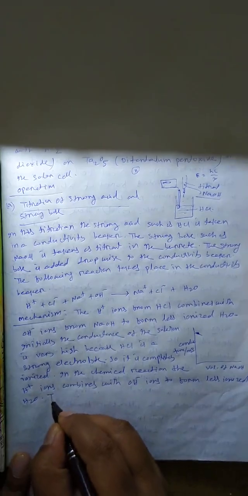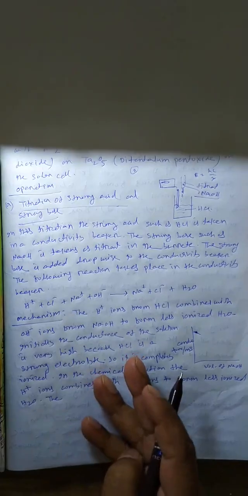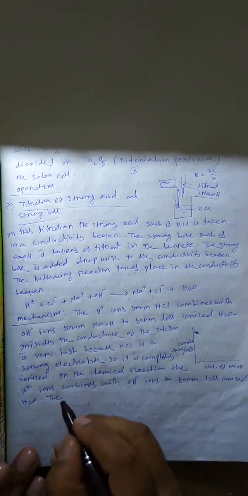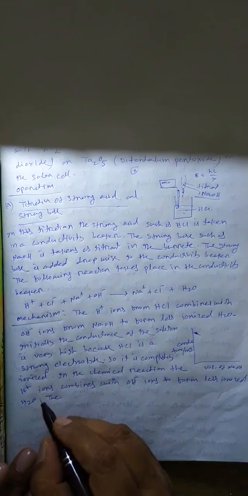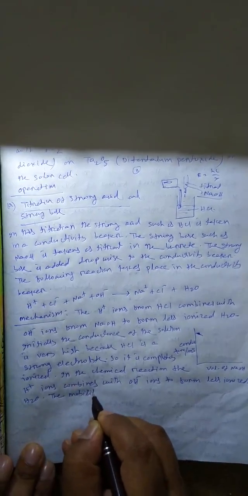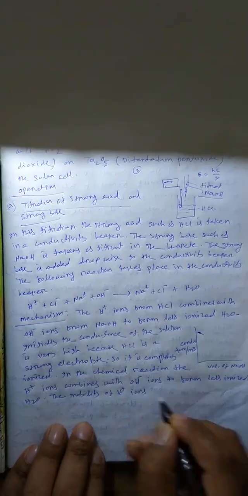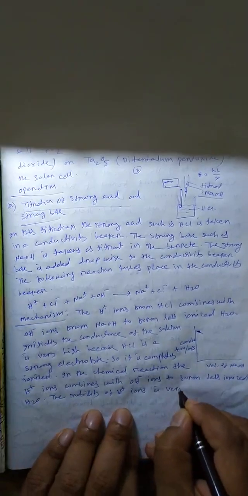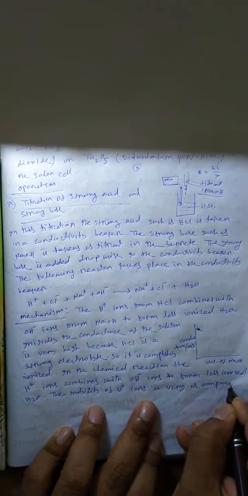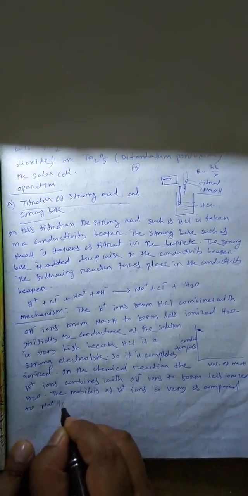The conductance depends upon three factors: the number of ions, the charge of the ion, and the mobility of the ion. First you see the number of ions. The mobility of H plus ion is very high as compared to Na plus ion.